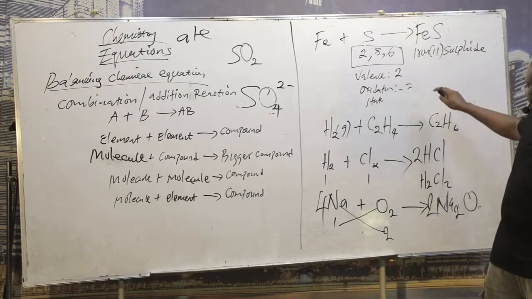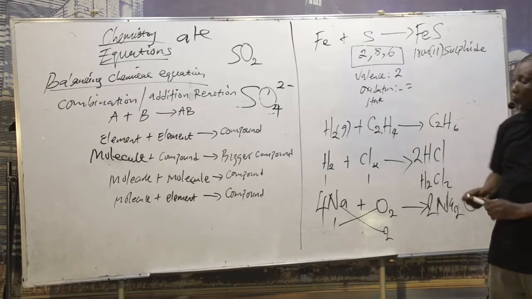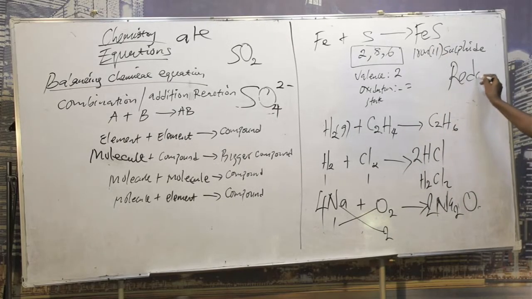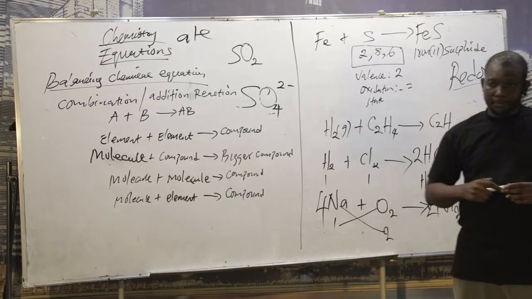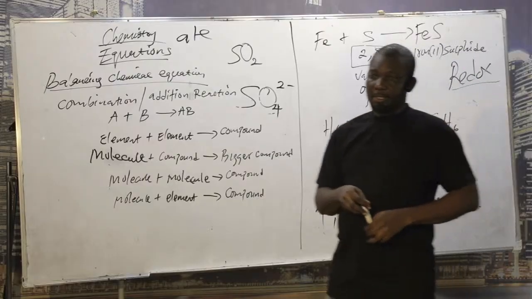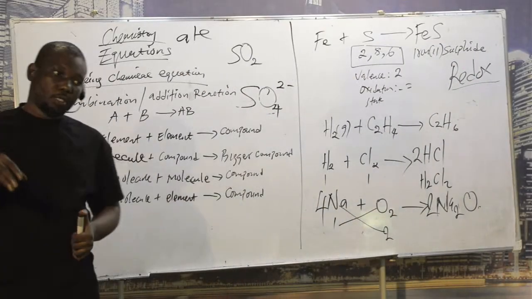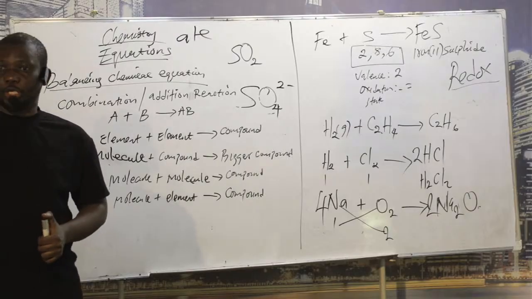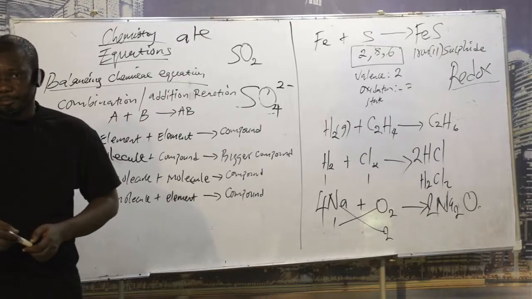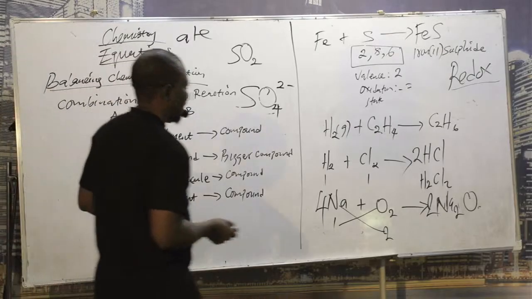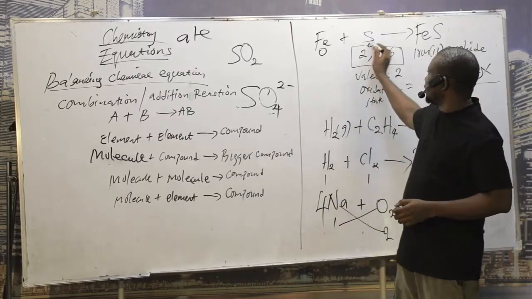And all these reactions you see here on the board are all what? Redox. That is a reaction where oxidation and reduction are going on at the same time. After all, I've told you that if an element is on its own, it is what? 0.